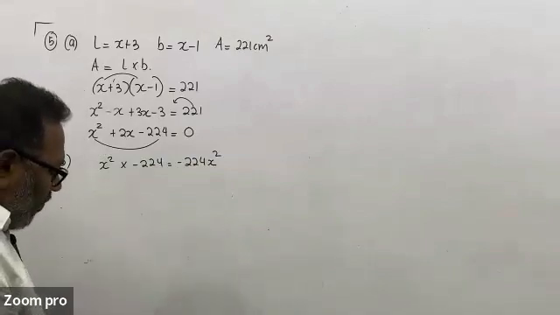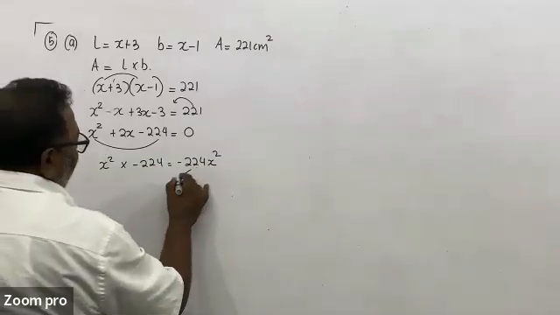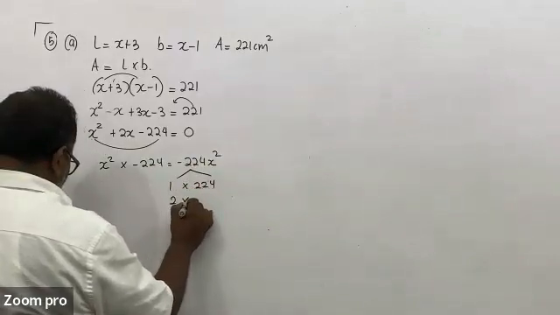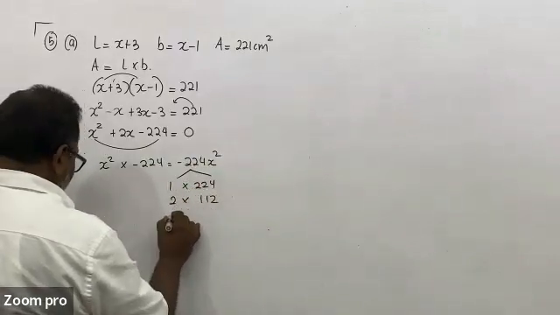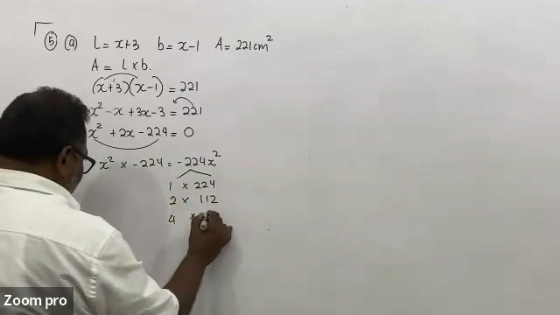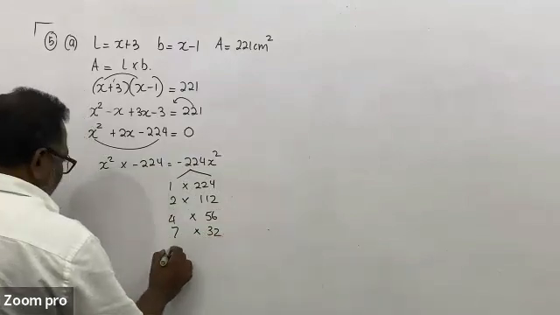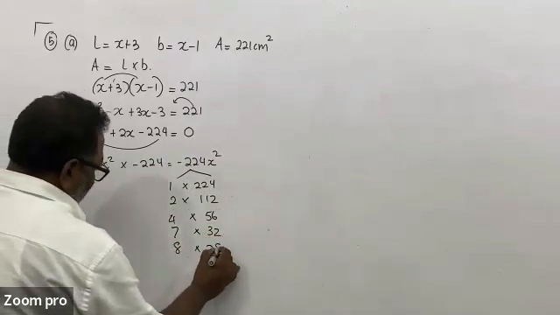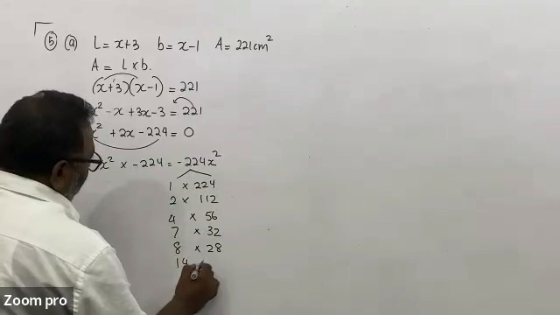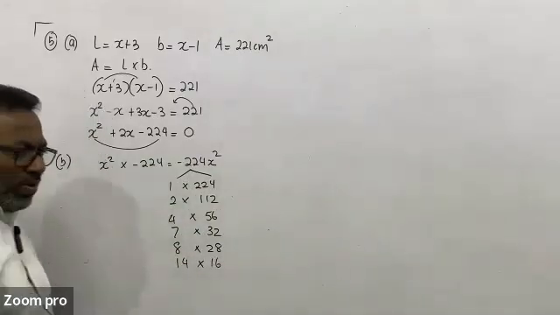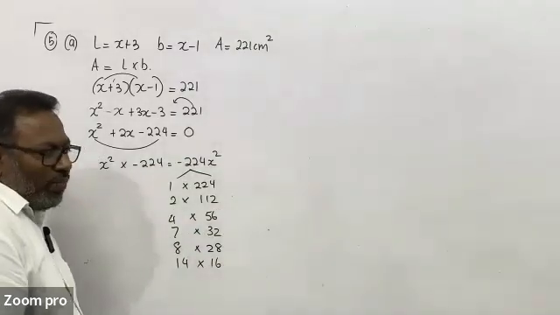So then what are the factors of 224? I've written it down. 1 into 224, 2 into 112, 4 into 56, 7 into 32, 8 into 28, and 14 into 16. So these are your factors. So what do we do now?